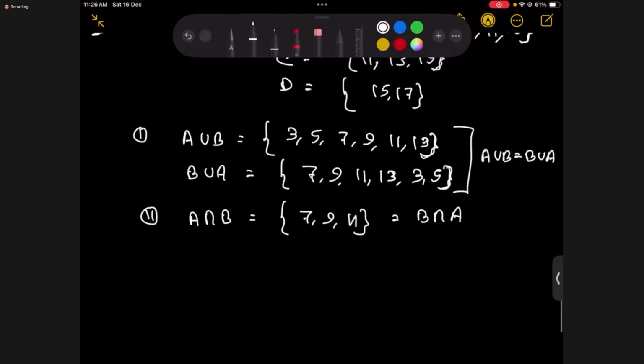Now what about D intersection D? This is nothing but 15 and 17, and also this is equal to D union D.